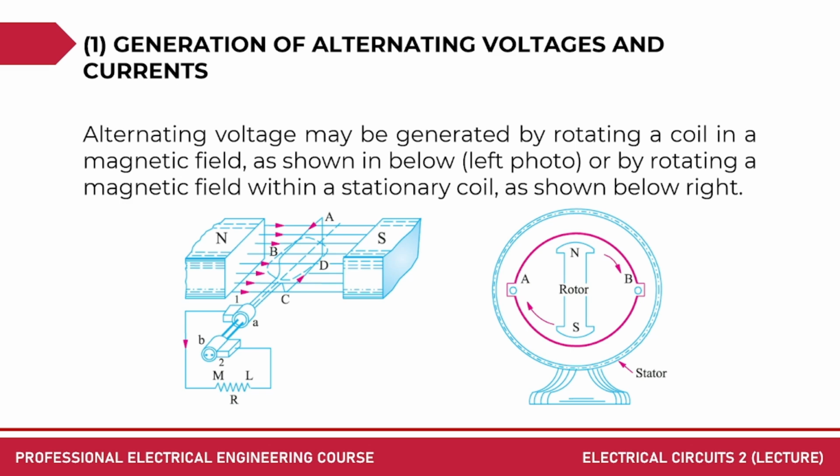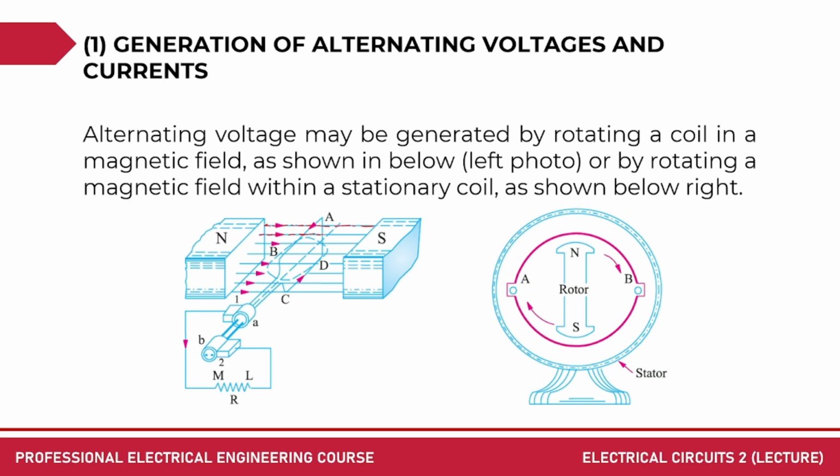Now, you need to look at it from your physics before. Whenever you have a north and south pole here, there is a magnetic field in the middle. A voltage is generated whenever you have a coil in the middle and you try to rotate it, because there are magnetic lines, magnetic flux.